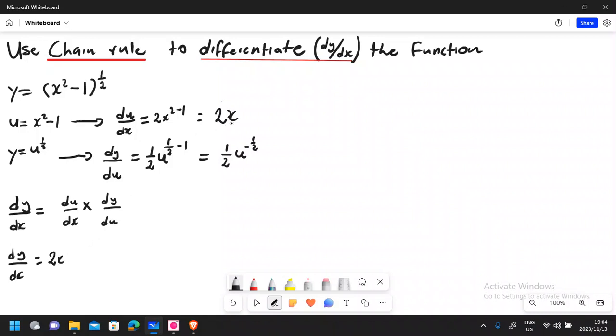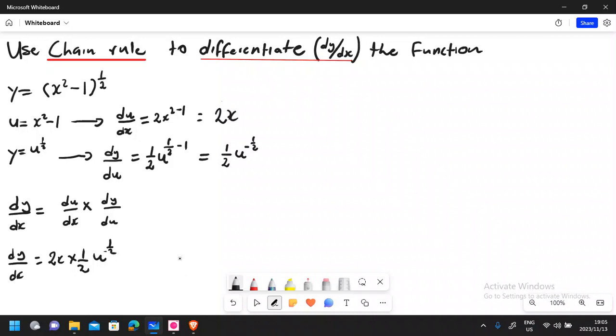And then what about dy over du? Dy over du is half multiplied by u to the power of negative half. So it's going to be multiplied by half, and then we say u to the power of negative half.